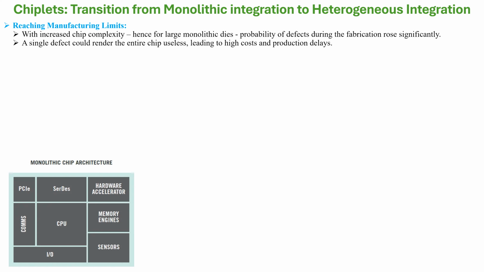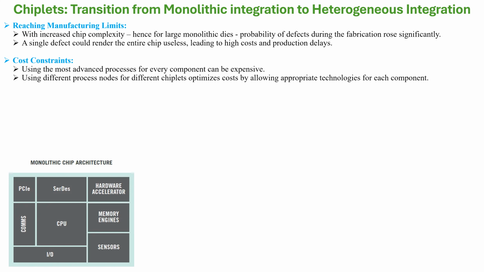Because of this, yield is significantly reducing in recent days. And then cost constraints: there is no need to fabricate every component on the most advanced node, and advanced nodes are very expensive. Then design flexibility.